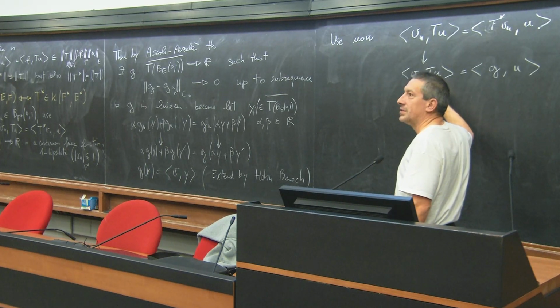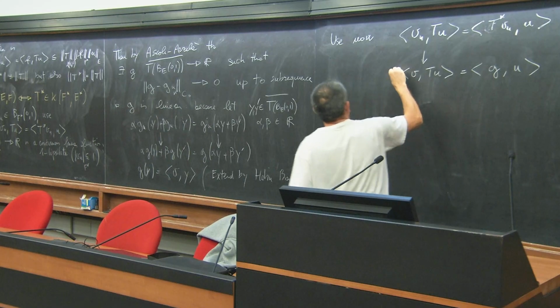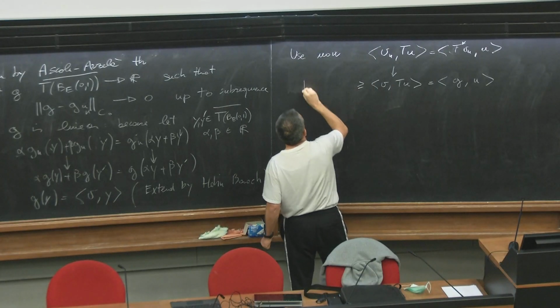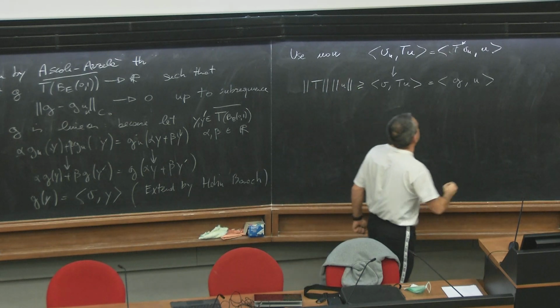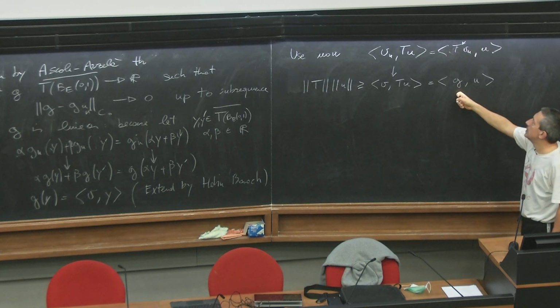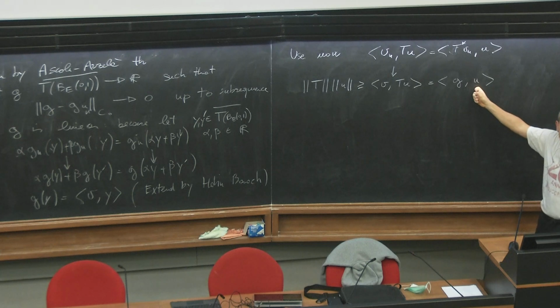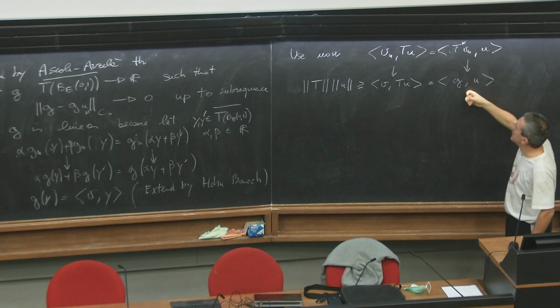This is less or equal than the norm of T times the norm of U. So there exists G, which is the limit, at least the weak limit.